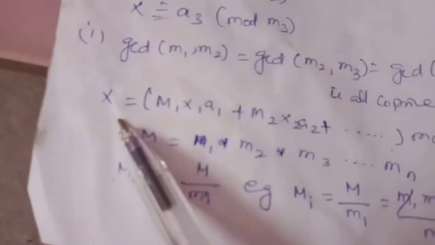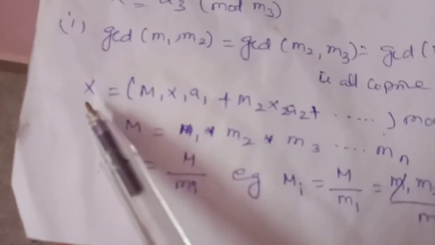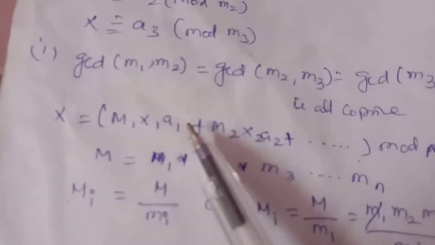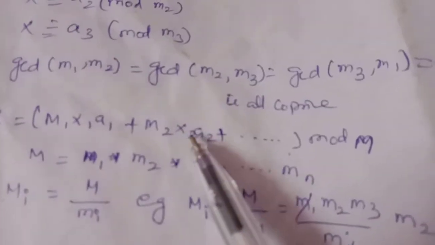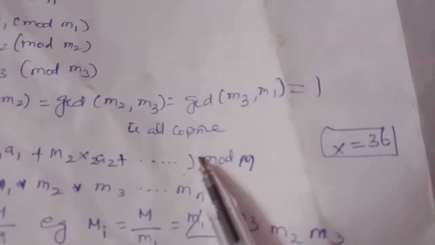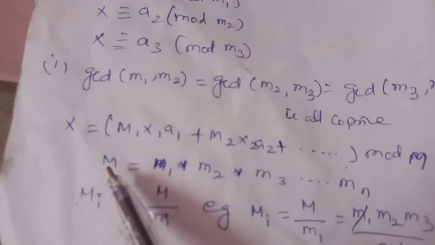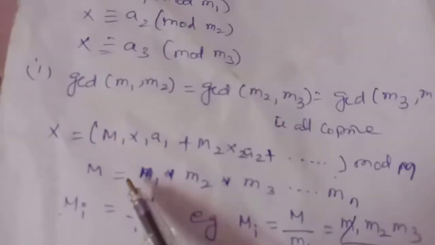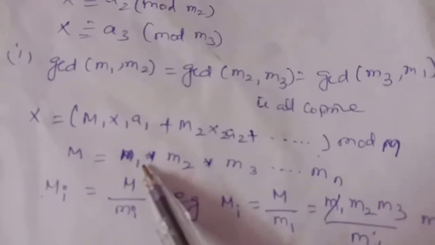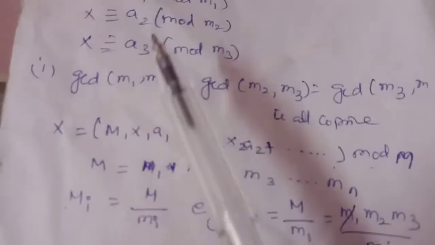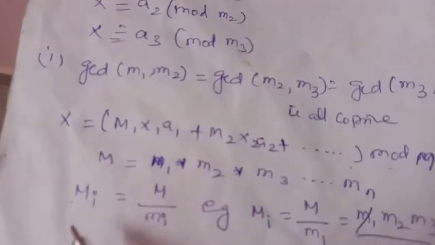And x equals m1 x1 a1 plus m2 x2 a2 like that, mod M. Here capital M equals m1 into m2 into m3 like that. Here we will calculate one by one.